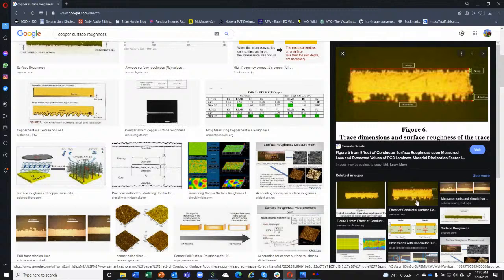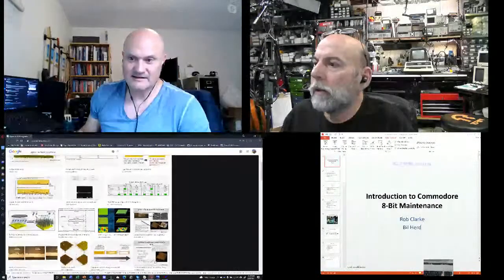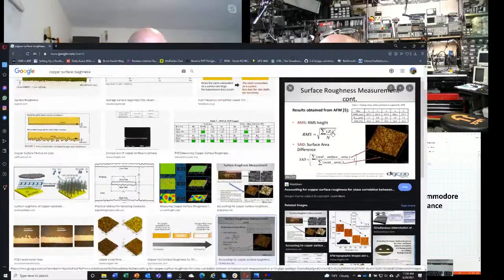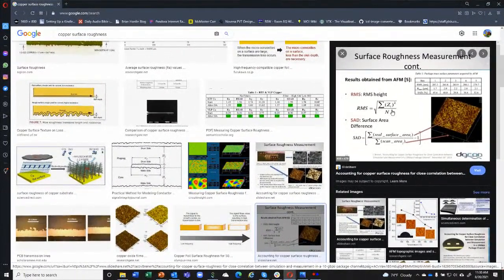Okay. And then that can be plugged in. So this is exactly what I was saying. These are the RMS variance, right? Right. The RMS of the height of the variation, and that is plugged into various formulas used for calculating losses.